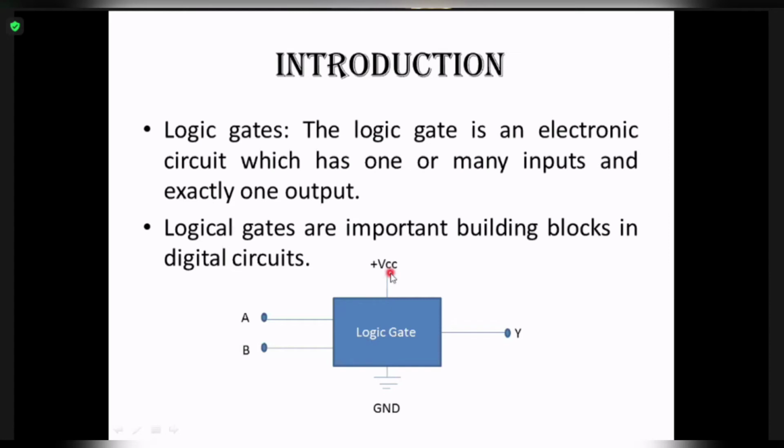But this 230 volt is stepped down and converted to plus 5 volt, and then that plus 5 volt is given to any of your digital circuits for its operation. When we talk about this plus 5 volt, it means it is high, and when we talk about ground, it means it is low. What this high and low means, we will discuss very soon in the next topic when we talk about the logics, right?